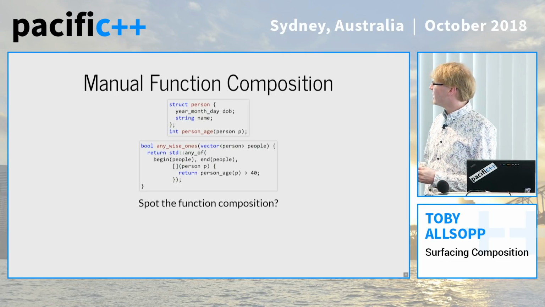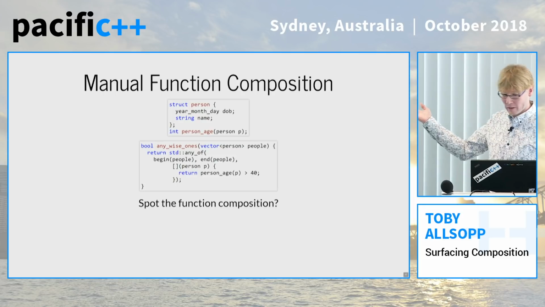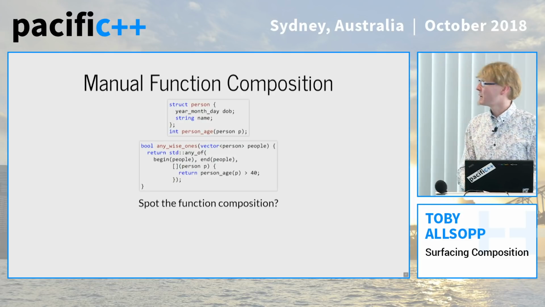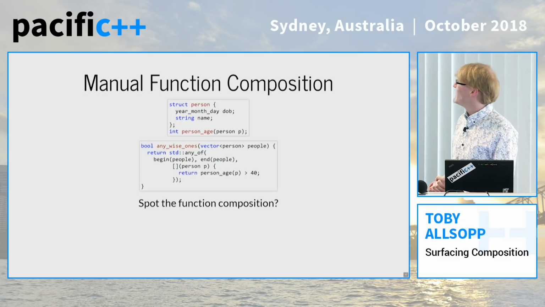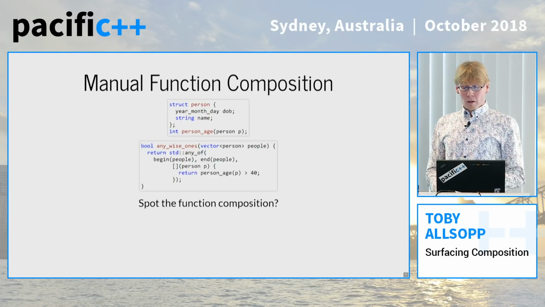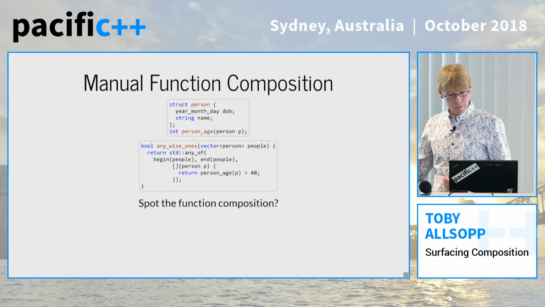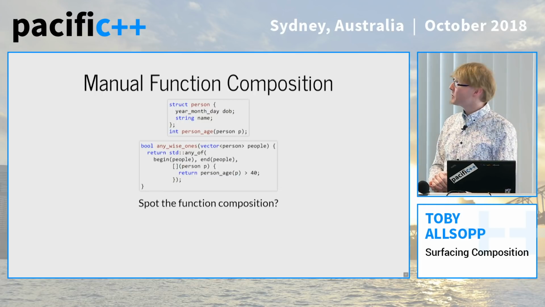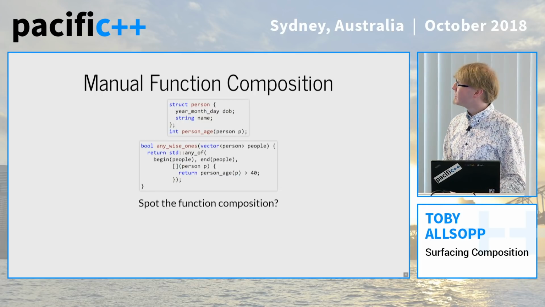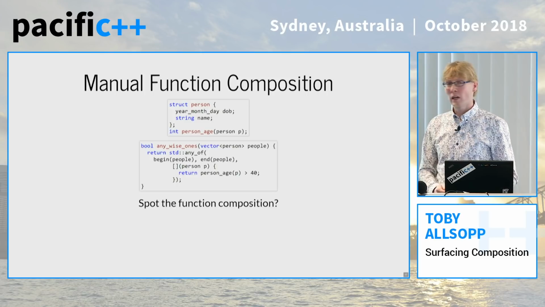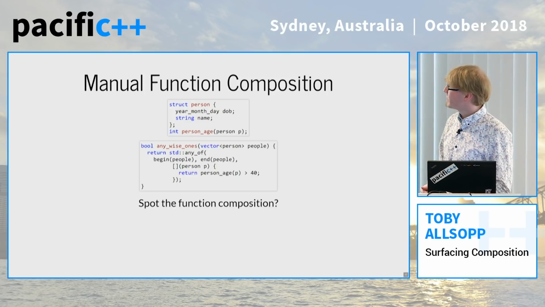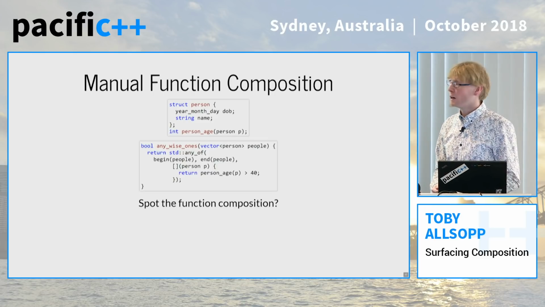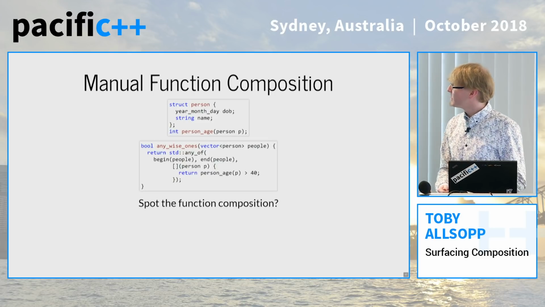I'm sure that those of you who are well over 40 will realize the flaws in that heuristic. But the point is, we're going to use the standard any of algorithm, which takes a predicate and a range, and figures out if there are any elements in that range that satisfy the predicate.